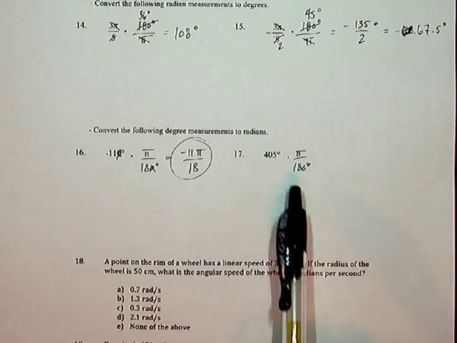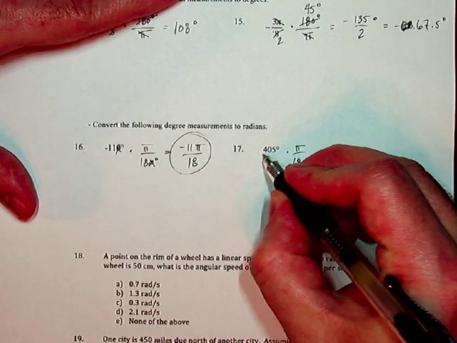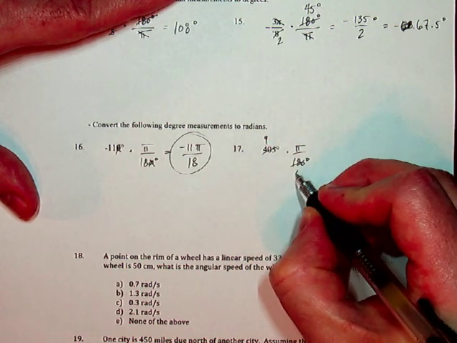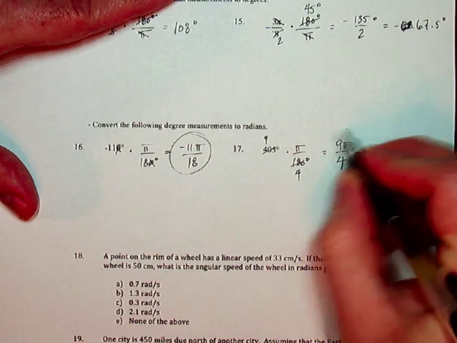That's half of a revolution. And so basically what you get is that they both have a common factor of 45. Okay? If you take 45 into this, it's going to go in 9 times. Into here, it's going to go in 4 times, and that is 9 pi over 4. Okay?